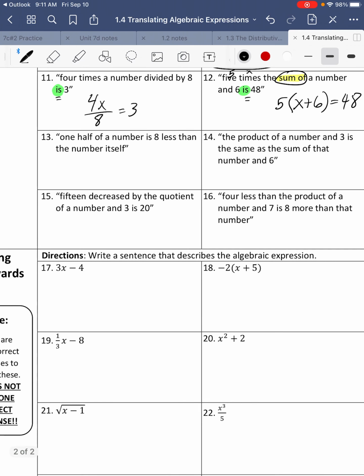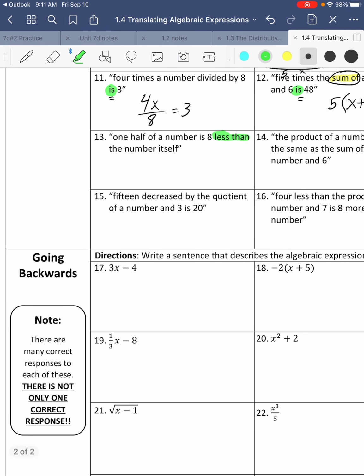All right, number 13, we get into, there's no more is, there's not an is, now it's a less than. Less than, so we have less than or equal to.